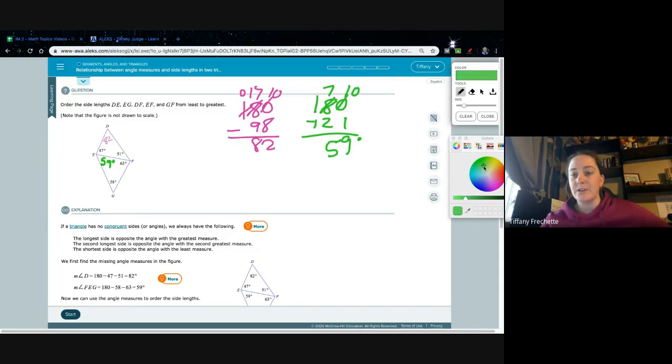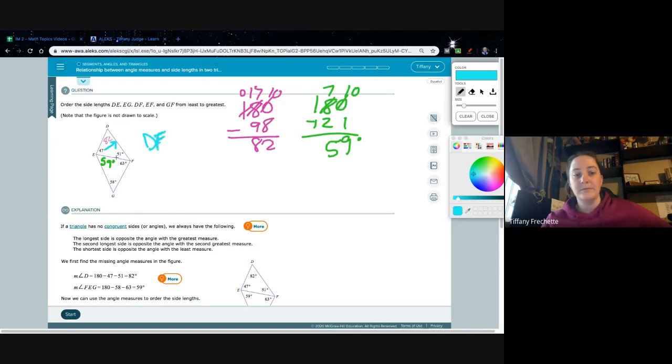Now we want to start going across and figuring out the side lengths that are the greatest and the smallest. They want us to do from least to greatest. First, let's focus on the triangle on the top. The smallest angle on the top is 47, so I'm going to go across. I know DF is the smallest side.